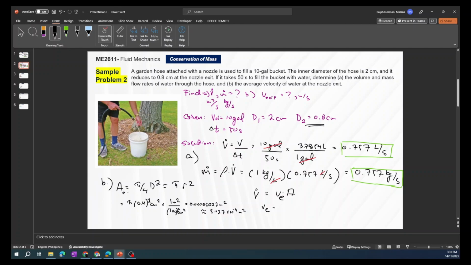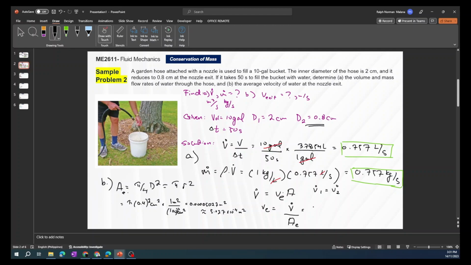So velocity exit is simply volume flow rate divided by area of exit. If you're wondering, since volume flow rate 1 will be equal to volume flow rate 2, since they're all the same single path hose, it's going to be steady flow.